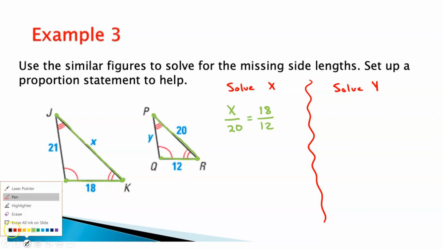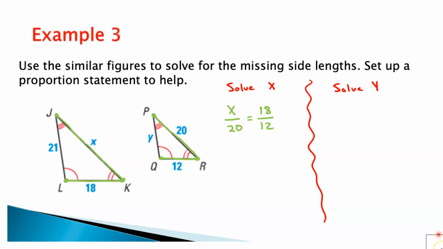Let's go through and actually multiply. Let me change colors here. I am going to need a calculator just to help me quickly multiply these couple of things together. When I multiply this way, 12 times x is just 12x, is equal to, and then let's multiply the other way, cross multiply. What is 20 times 18? That is 360.